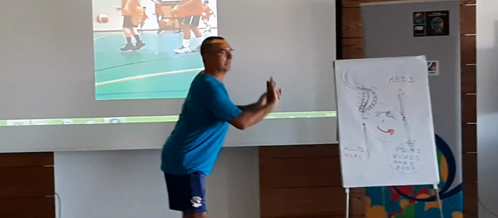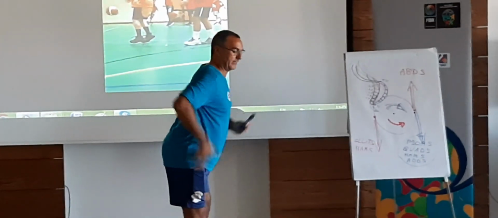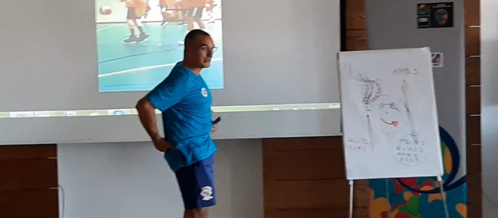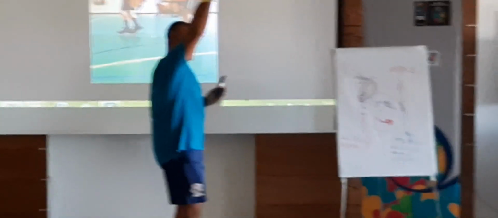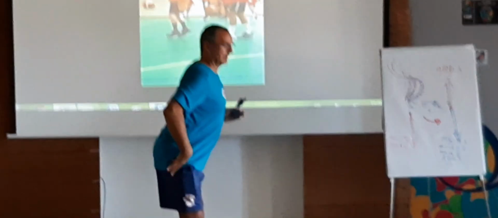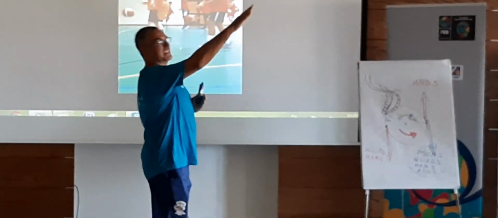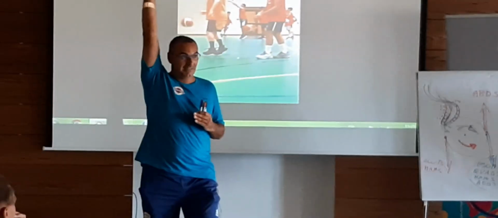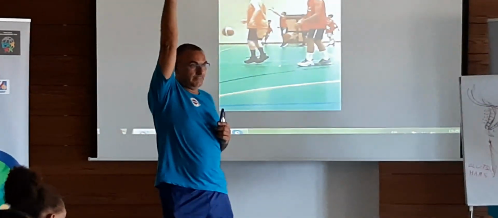When you shoot, you cannot shoot in anteversion of the pelvis, but you have to shoot in retroversion of the pelvis. Because if you shoot in anteversion, the shot will go from back to front, and you will never have a 75 degree angle shooting the ball.